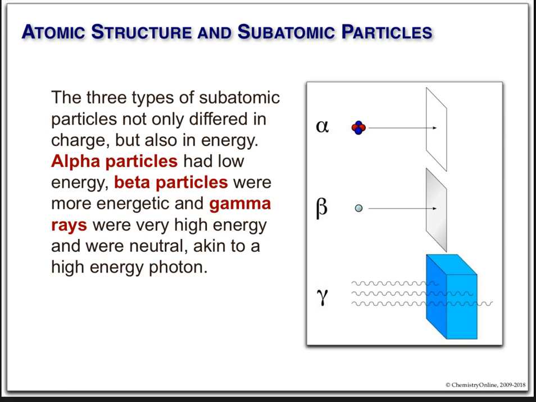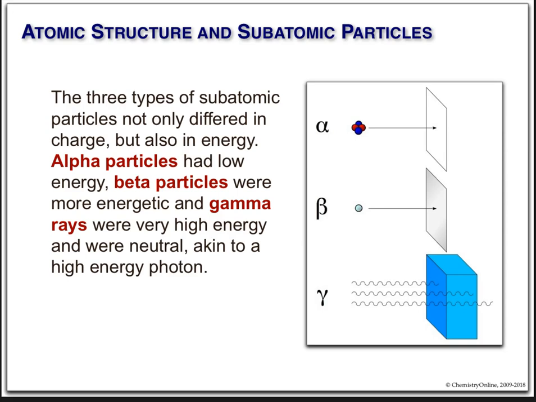If the alpha particle is heading somewhere and you put a piece of paper in the way, it'll stop it. Beta particles, much more energy, would take maybe a centimeter of lead to stop a standard sort of beta. Gamma particles can go right through 10 centimeters of lead. They could probably go straight through the Earth, and like I say, from very, very far away.